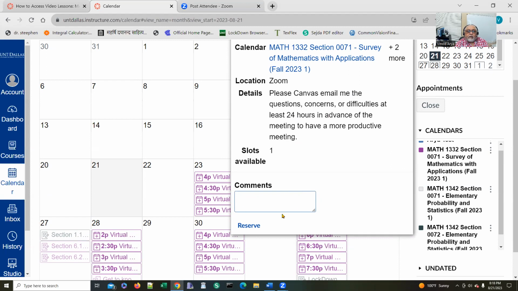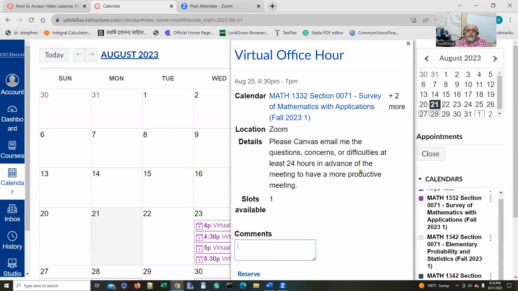So you will put here and then click on reserve, and this slot will be reserved for you, and I will get the information that Mr. So-and-so or Miss So-and-so is scheduling a meeting with me, and this is what the student wants to discuss with me, and I can keep the material ready to use the meeting time more effectively.